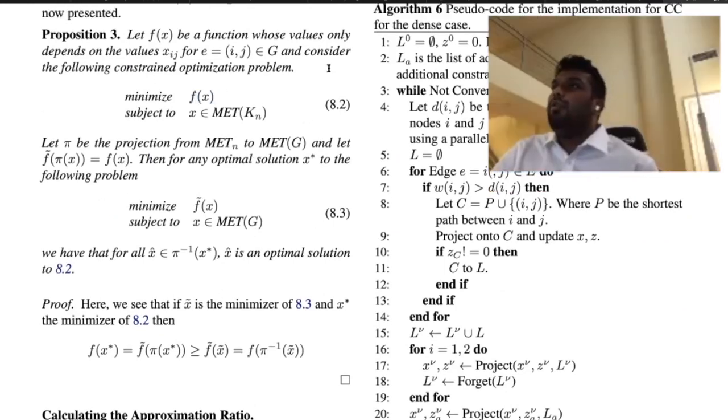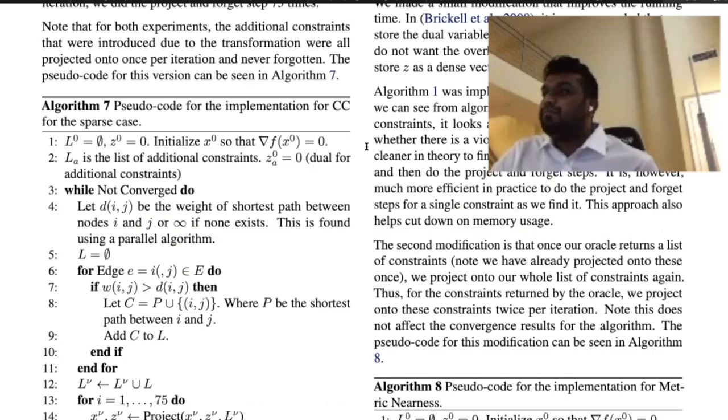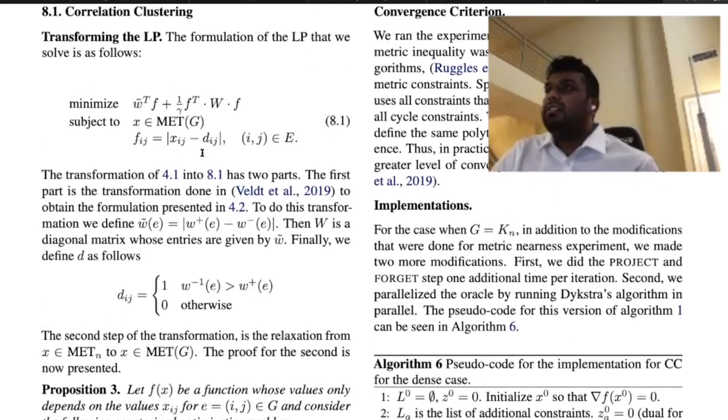If your function only depends on the edges in your graph, and your constraints are the metric constraints on the complete graph, it's equivalent to just do it on that graph, because your objective function doesn't depend on those other edges or weights. And there's some geometry behind why these polytopes are basically the same. So we just have this instead.